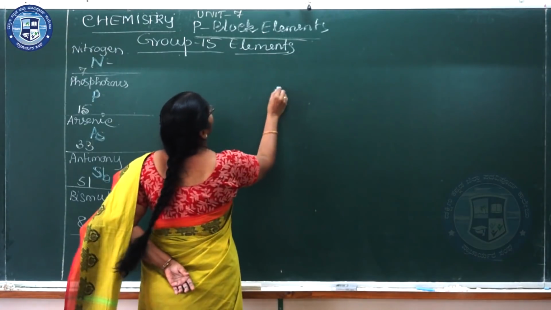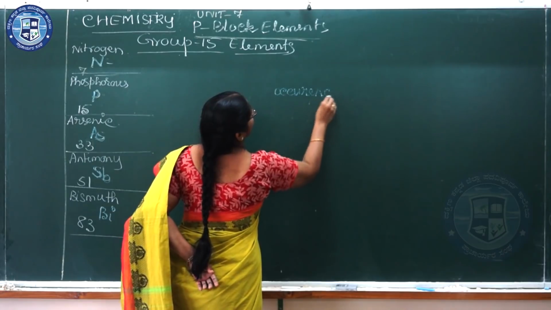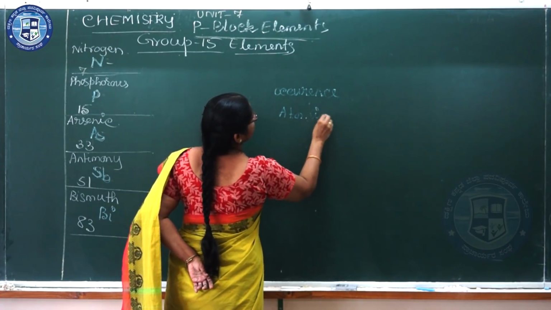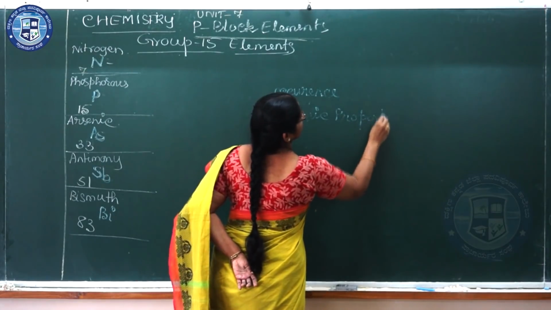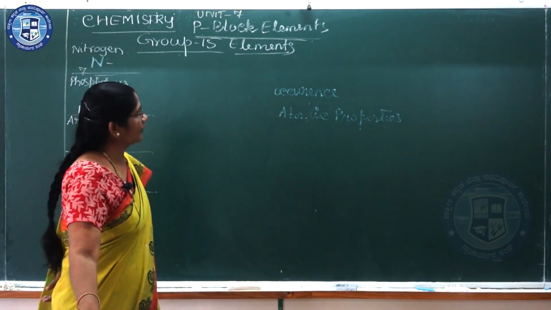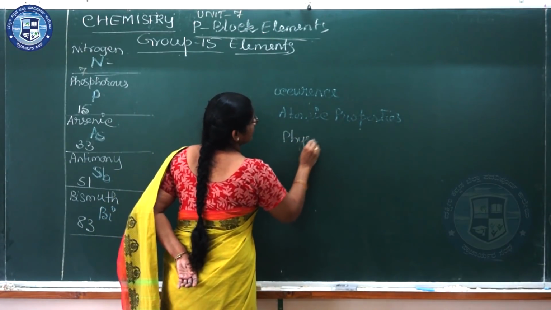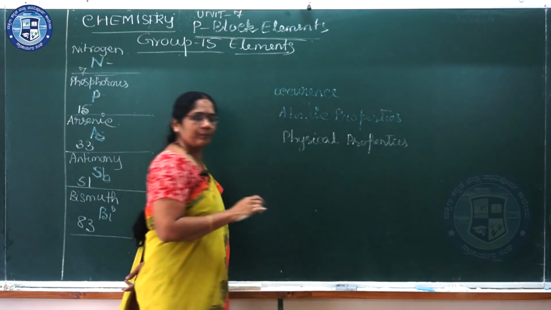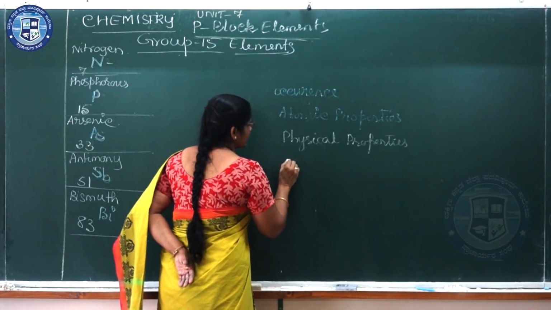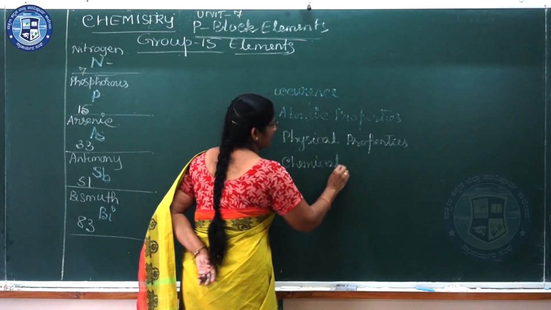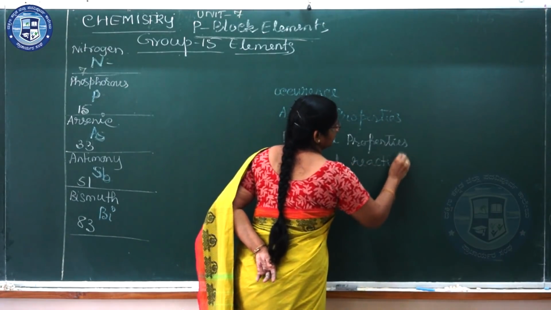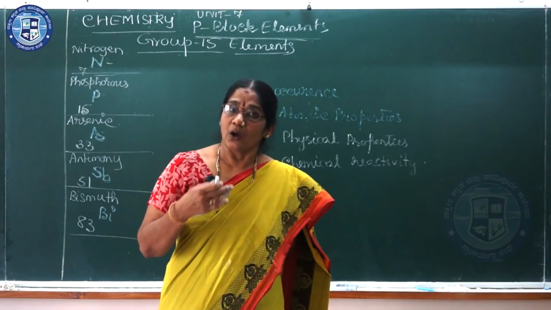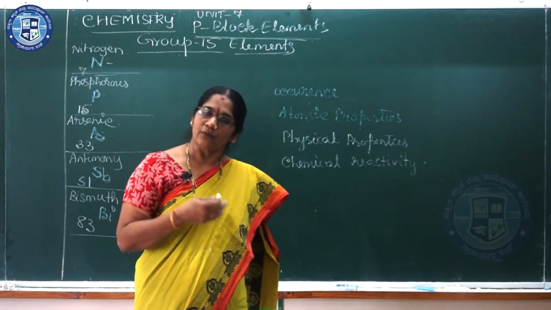First we will study about the occurrence of these elements, and then we will study some of the atomic properties, and then we will study some physical properties of these elements, and then we will see some chemical reactions with other elements, that is chemical reactivity, especially the oxidation numbers, reaction with halogen, oxygen, hydrogen, and with metals.